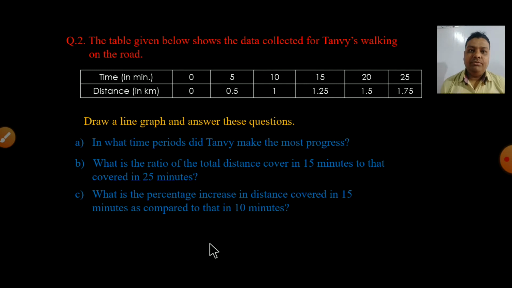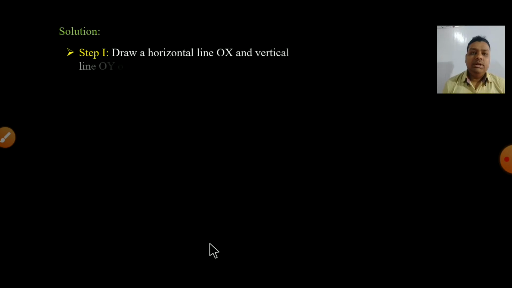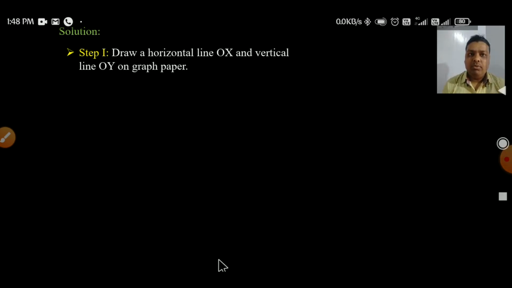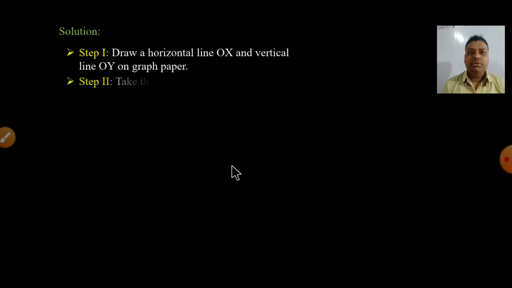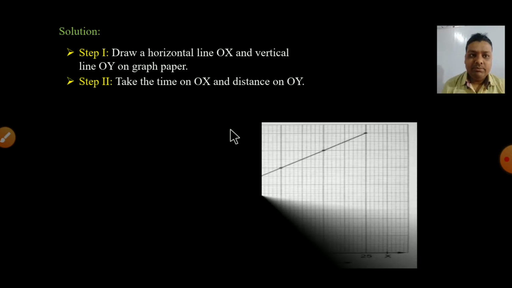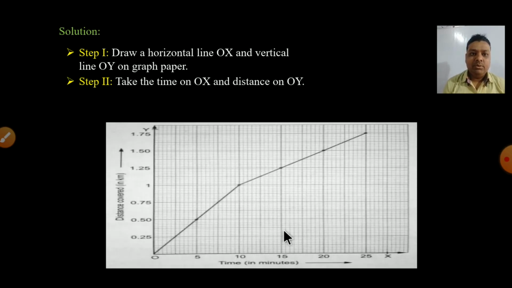After drawing the graph, let's see. Step 1: at first we draw a horizontal line OX and a vertical line OY on graph paper. Step 2: we take time on OX and distance on OY. Here we have taken time in minutes on the x-axis and distance in kilometers on the y-axis.